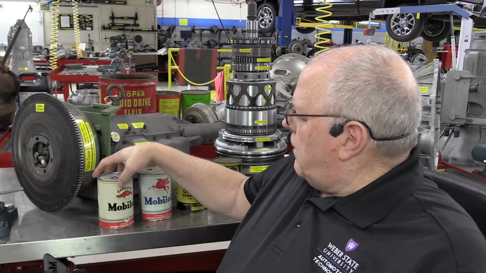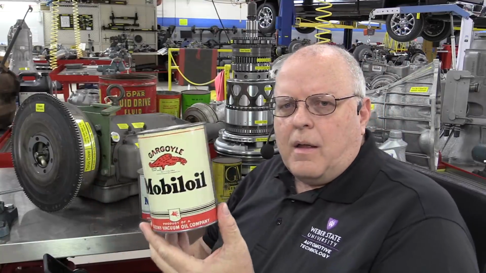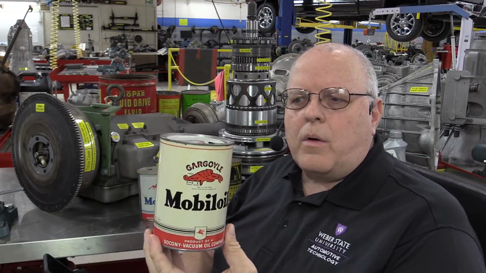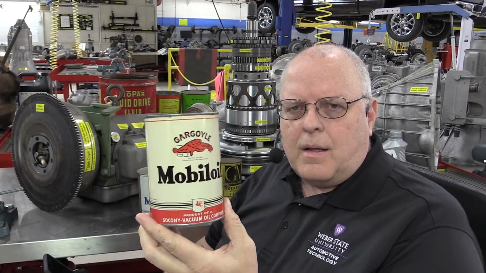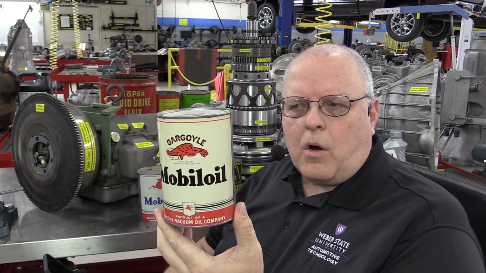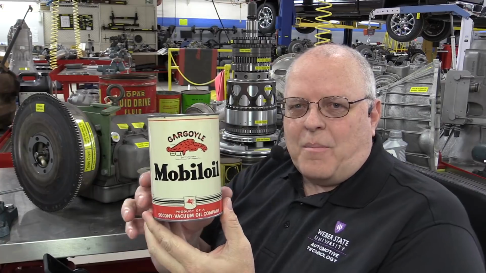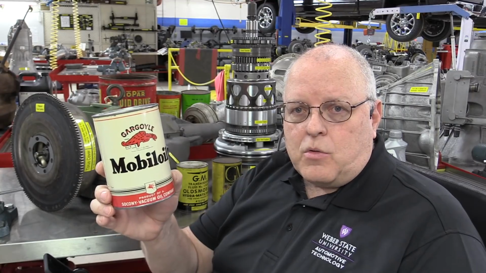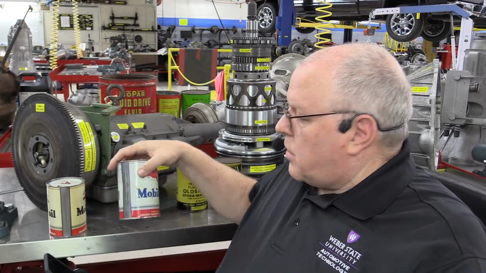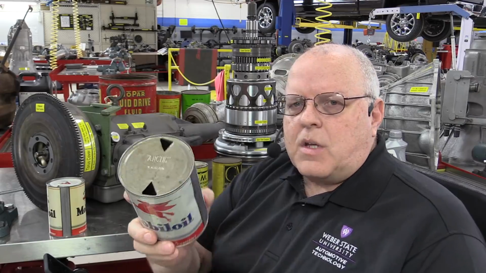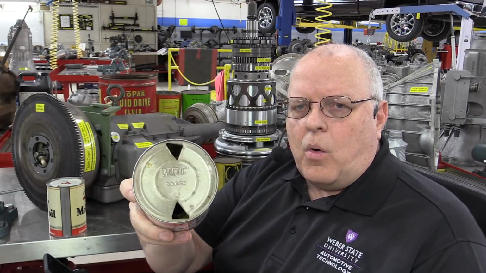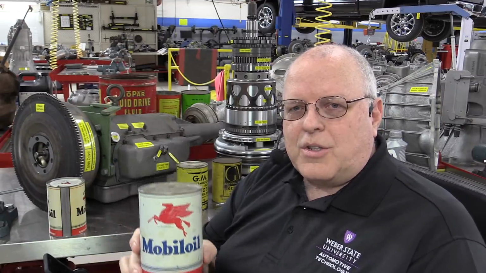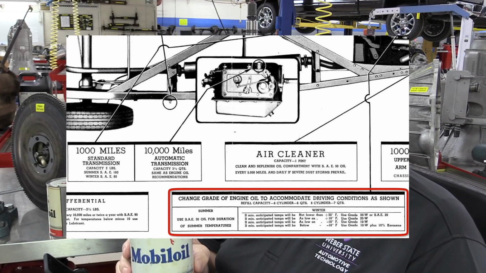So in 1938 and 39, it would have been a 30 weight oil, or a SAE 30 oil, like this Mobil oil, gargoyle oil, from the late 30s for summertime driving. And then in the wintertime, when it was colder, they would use SAE 20 oil, because it would have a thinner viscosity. And if it was really cold, notice it says to add some kerosene to thin it out.